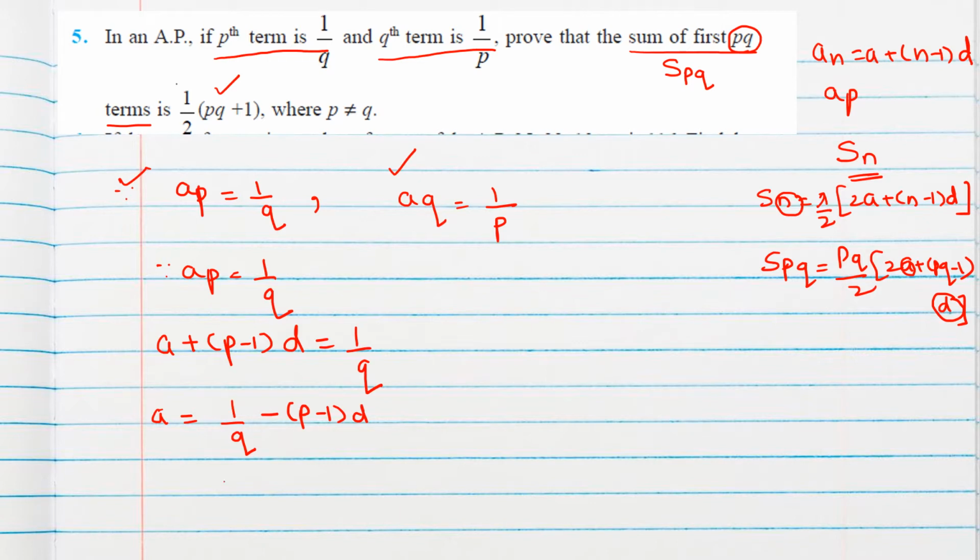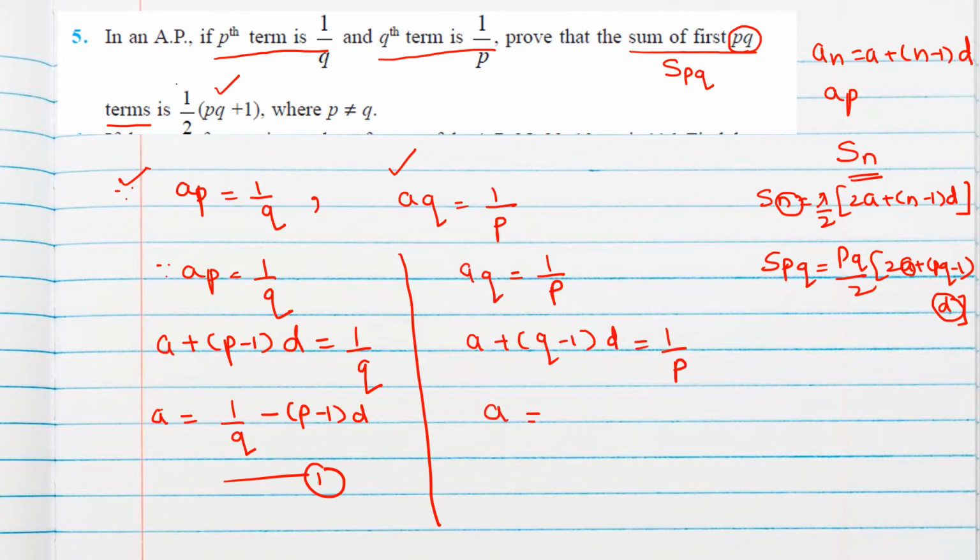Suppose this is equation 1. The second given thing is that the Qth term is 1 by P, so we write AQ is 1 by P. The formula is a plus (q minus 1)d equals 1 by P. From this also we get a equals 1 by P minus (q minus 1)d. This is equation 2.